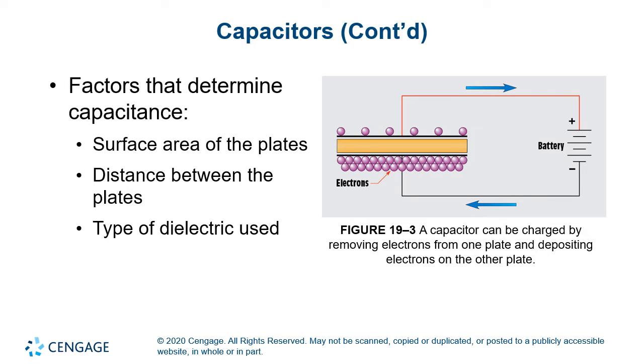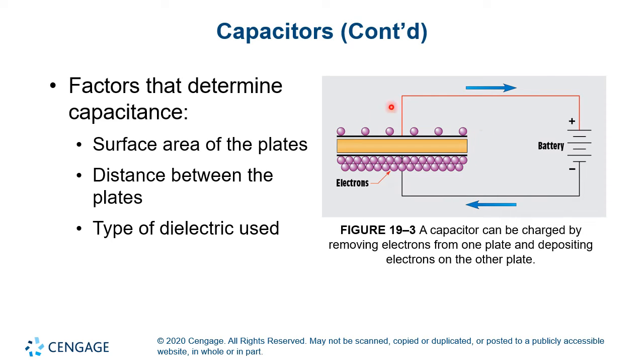So the way capacitors work is, as I said, we have these two plates. When we put our charge on here, right, it will push electrons to one side or the other. In terms of how much electrons it can push, well, it depends on how big the plates are, essentially the surface area, how wide they are separated in terms of the distance, and then, of course, the material making up the dielectric, right?